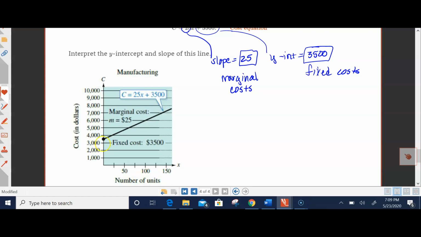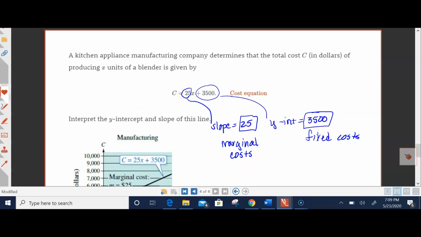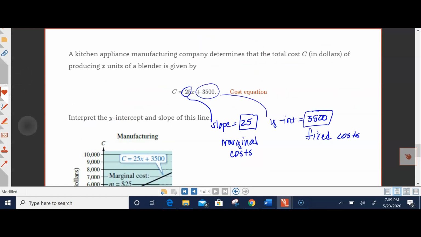For every 1 mark we go, 25 would be my rise, and my run would be 1. So every time I go 1 unit to the right, I rise up 25. 1 unit, rise up 25, and so on. So the slope is called marginal costs, and the y-intercept would be called our fixed costs in a cost equation.